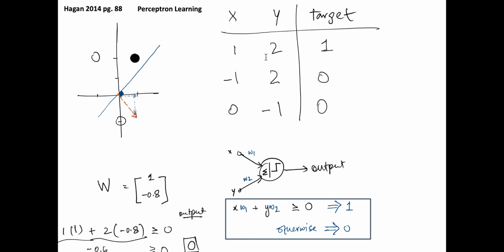You have +-1, you have 2 here as well, and then you have these targets. So the targets, such as 1 for this and zeros for this, would mean that you would expect the output of the neuron to be 1s and zeros. That tells us that the activation function that we are looking at is in fact the hard limit activation function, because the outputs are zeros and ones.